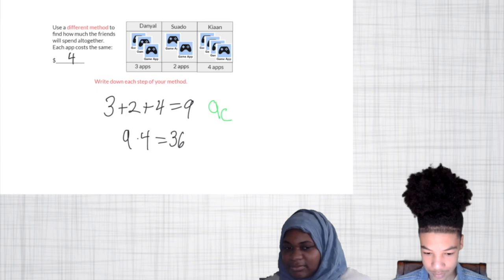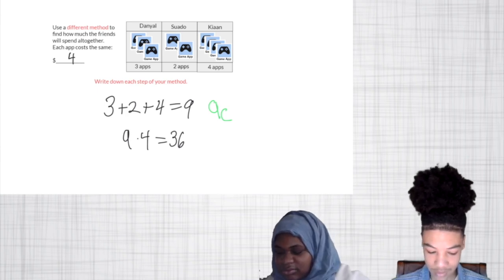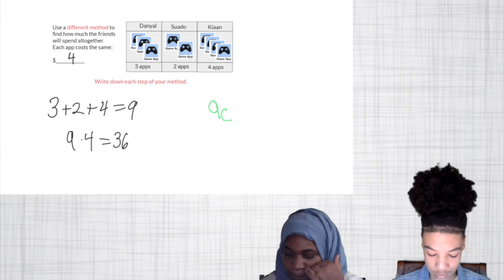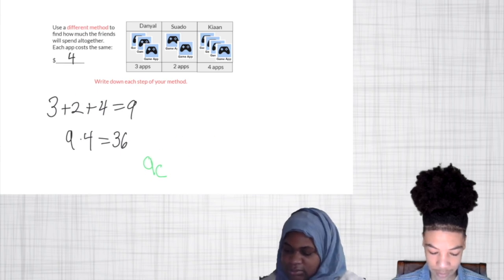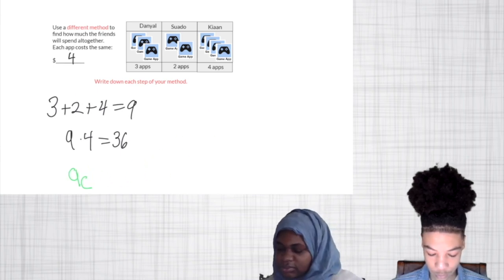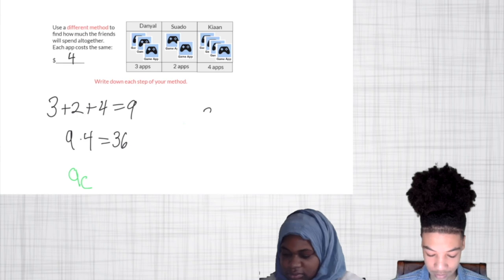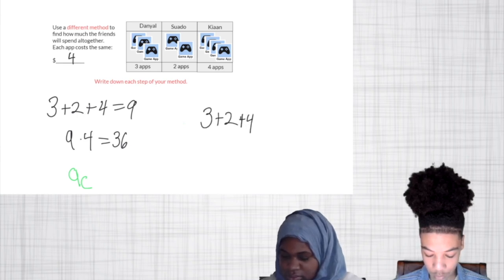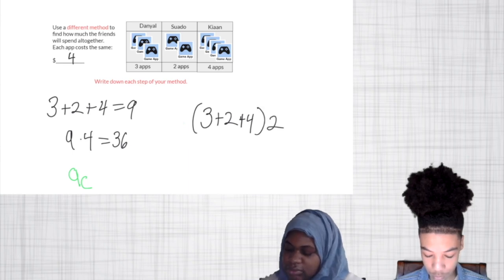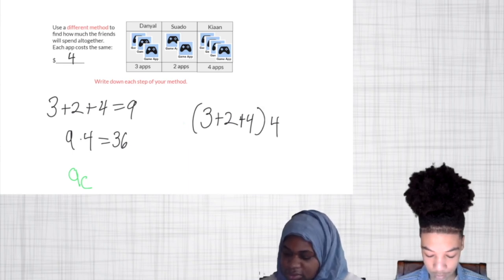Oh, I also think I found another one. I'm going to move up this equation slightly to the side. Okay. So what if we did 3 plus 2 plus 4, put them in parentheses, and then put a 2, or no, 4.